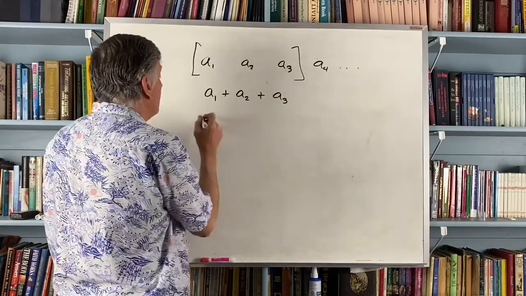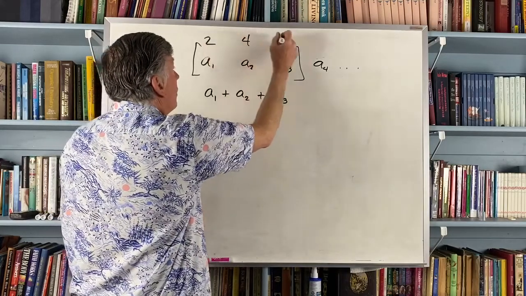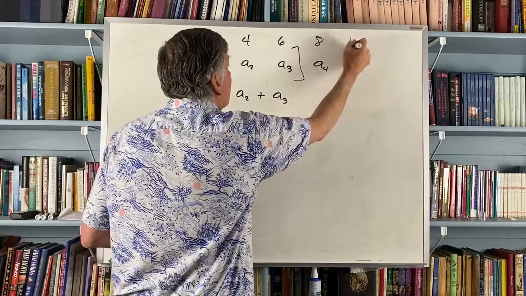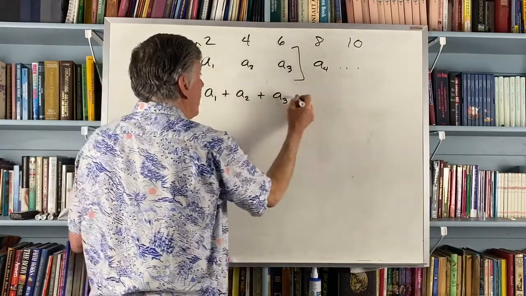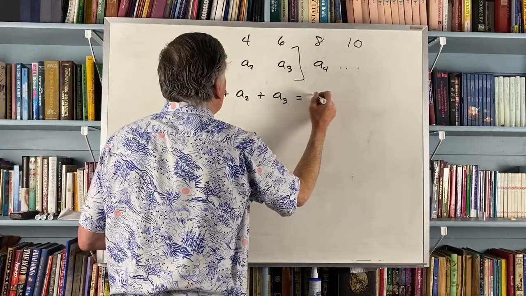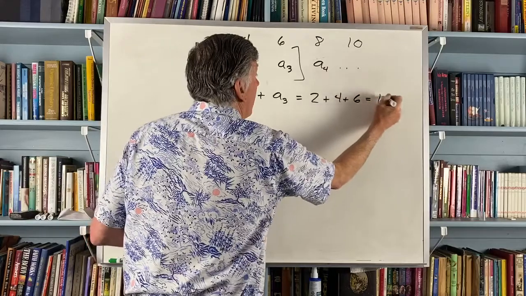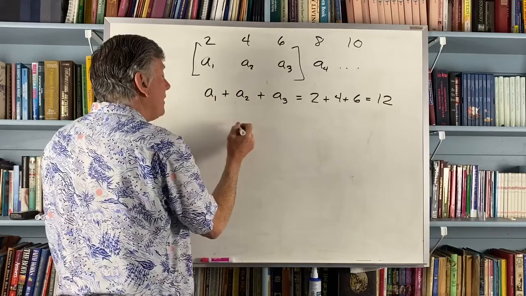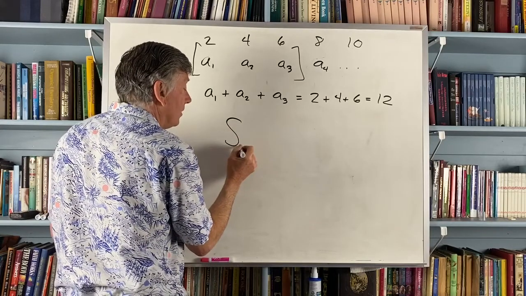So if my numbers were say 2, 4, 6, 8, and 10, my sum of A1, A2, A3 is going to be 2 plus 4 plus 6, which is 12. And I would write that as an S, and I'd subscript it with a 3.